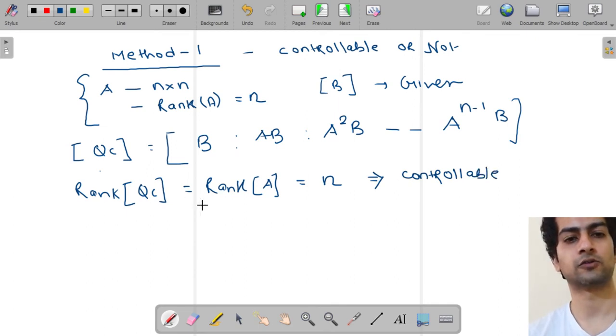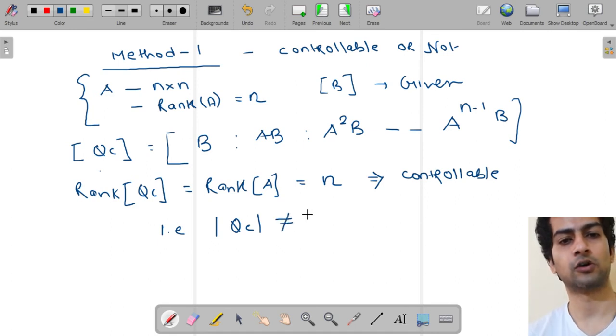Or we can also write that if the determinant of QC is not equal to 0, then it is said to be controllable.